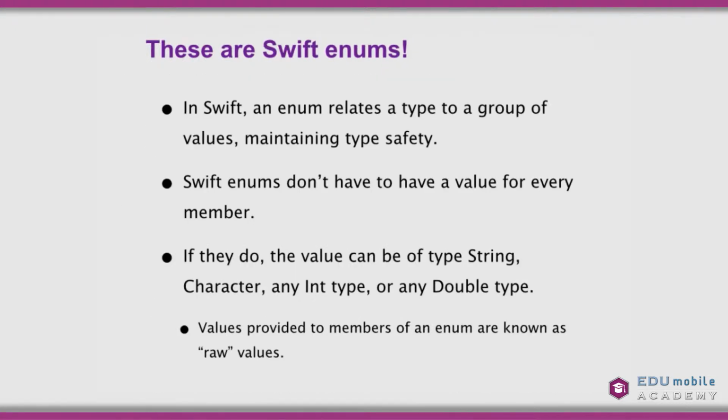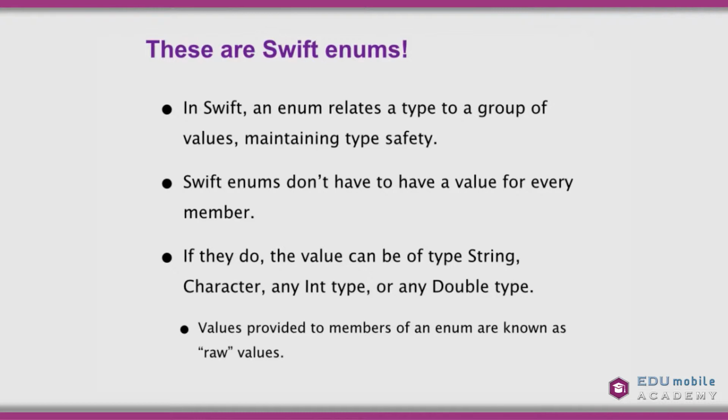These are Swift enumerations. Swift enumerations are very powerful, and there's some subtle things going on that you need to be aware of. In Swift, an enumeration relates a type to a group of values, and it maintains type safety while it's doing that. Swift enumerations don't have to have a value for every member. In fact, most of the time we treat these enumerations as subtypes of a given type.